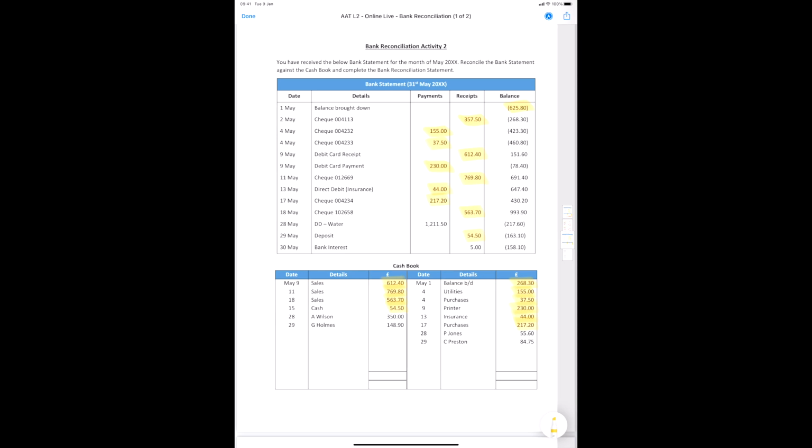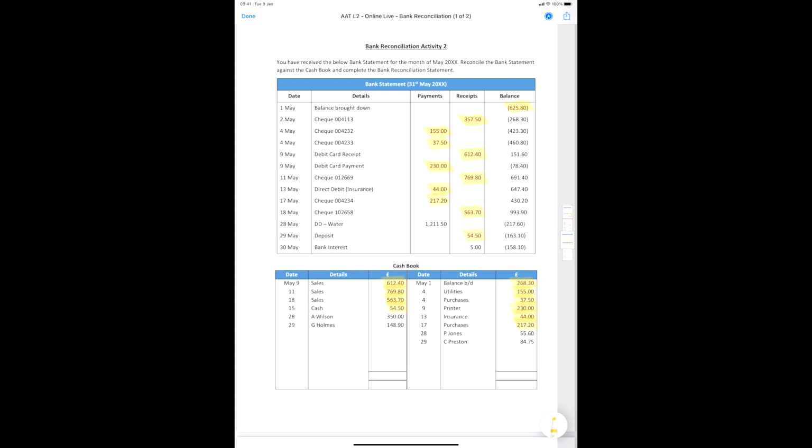Just while we're looking at the balances, we'll notice that in the bank statement this time, we're actually starting with a negative balance, so our bank is actually overdrawn. That's also the case in our cash book, because our balance brought down is on the credit side.